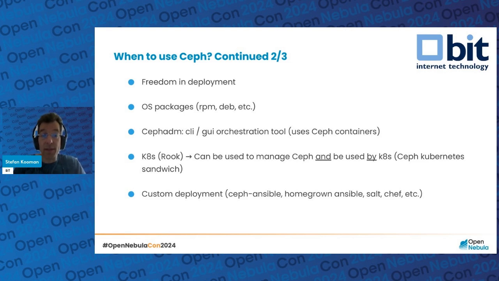Personally, I think cephadm strikes a middle ground here. It uses containers and orchestration, but does not pull in the complexities of Kubernetes. And if you don't like what is out there, you can use custom deployment methods, write your own.